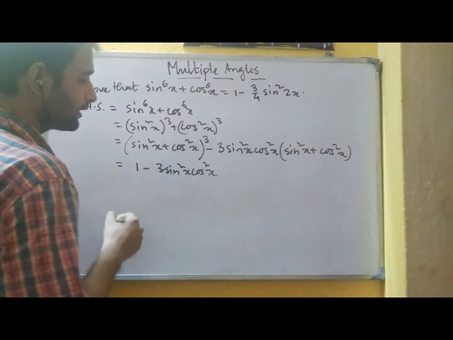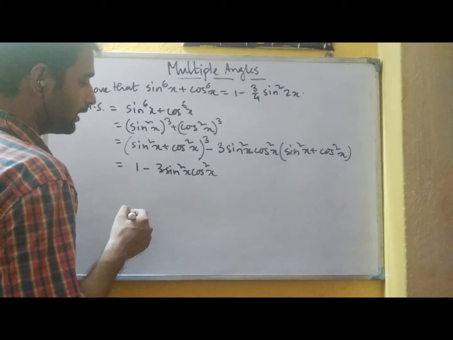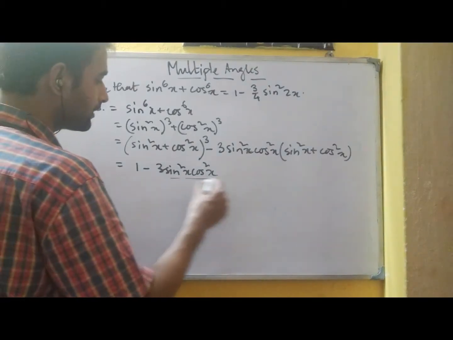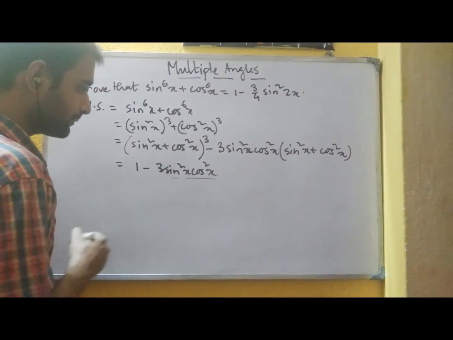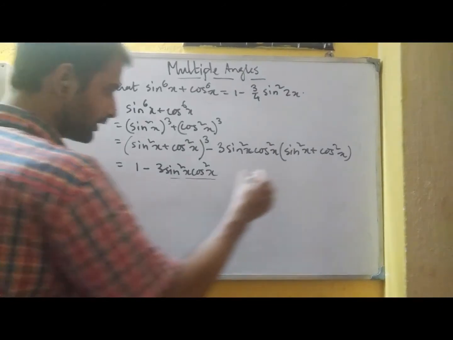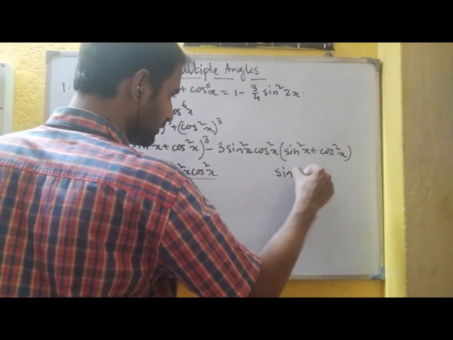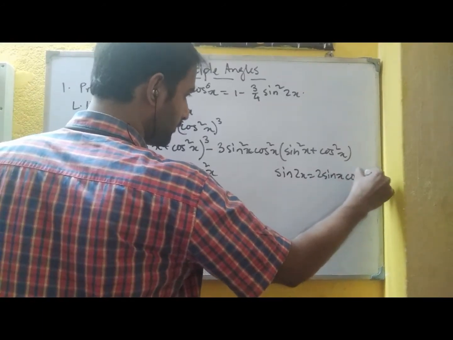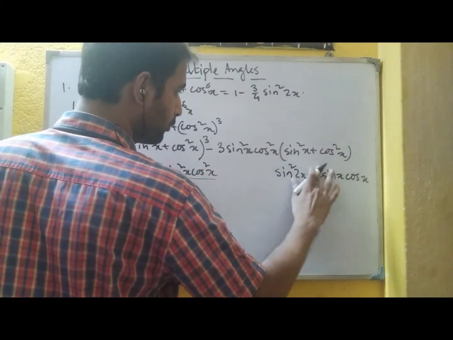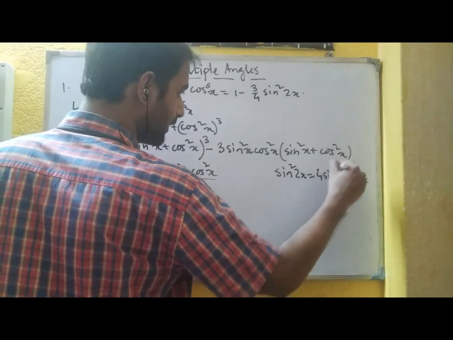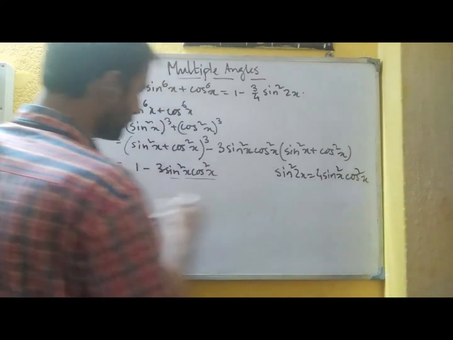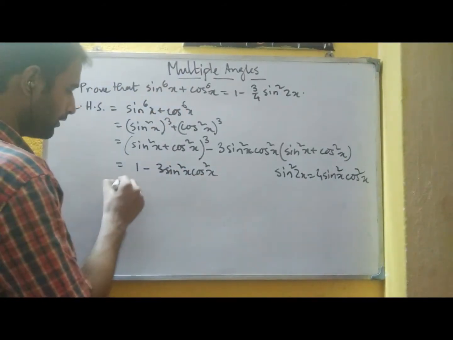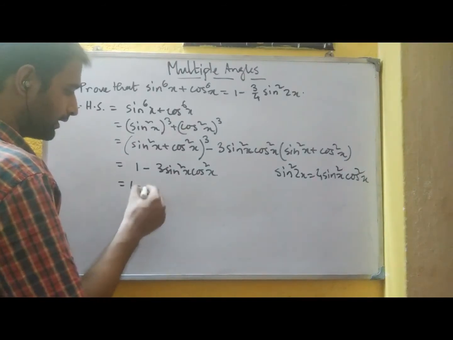See, almost the expression has come, and now we have to convert this sin square cos square into sin square 2x. As we know, the formula of sin 2x is 2 sin x cos x. If you square it, it will be 4 sin square cos square. That means we need a 4 here. So how can we bring that 4?